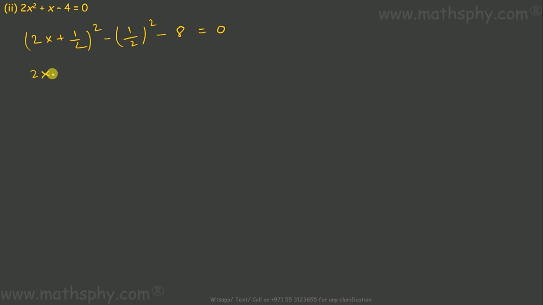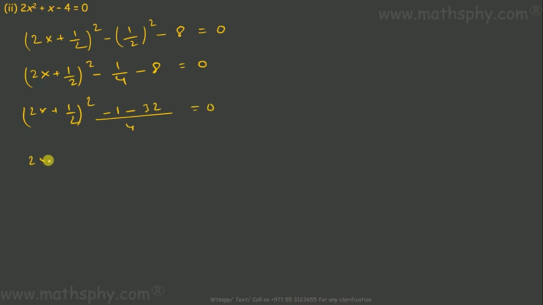This will be 2x plus 1 over 2 whole square minus 1 over 4 minus 8 equals to 0. Whole square minus 32 equals to 0. So 2x plus 1 over 2 whole square minus 33 over 4 equals to 0. So this will be 2x plus 1 over 2 whole square equals to 33 over 4.